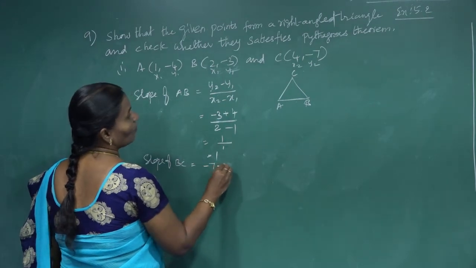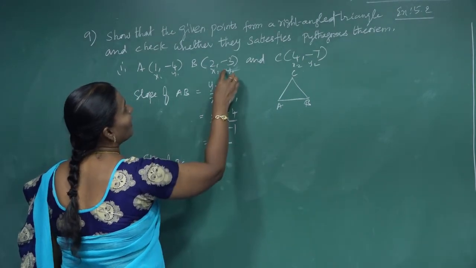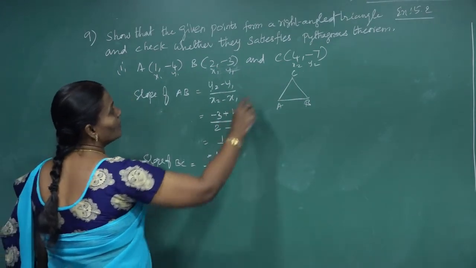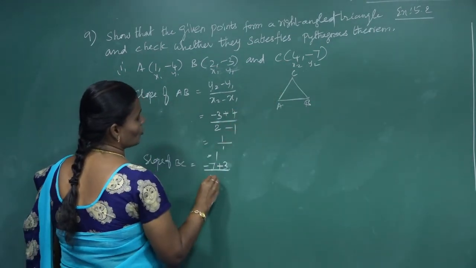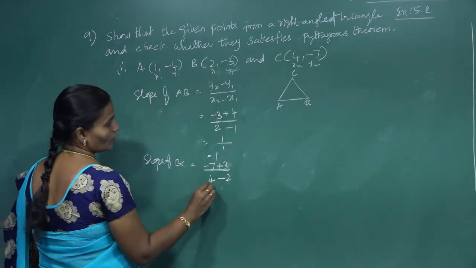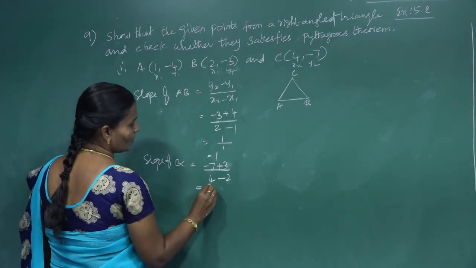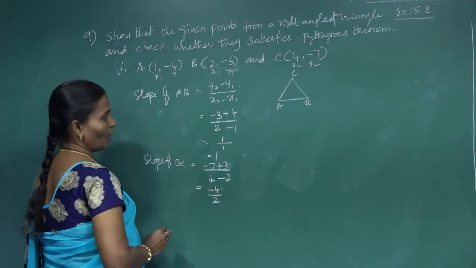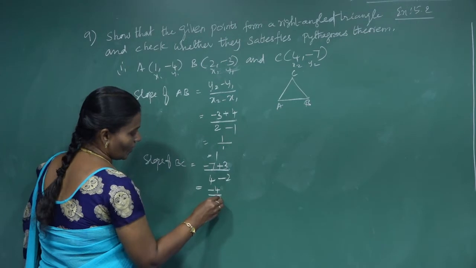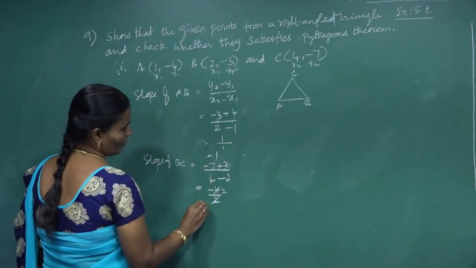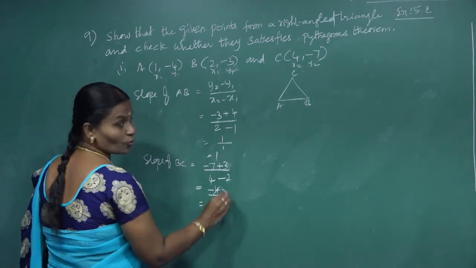Minus 7, minus y1 which is minus 3, so minus of minus, plus 3, by x2 is 4 minus 2. So this gives minus 4 by 2. Cancel with 2, so minus 2.